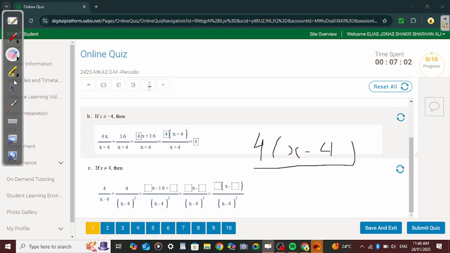Now let's solve for the numerator. 4 multiplied by x is going to be 4x as we distribute. 4 multiplied by minus 4 is going to be minus 16.